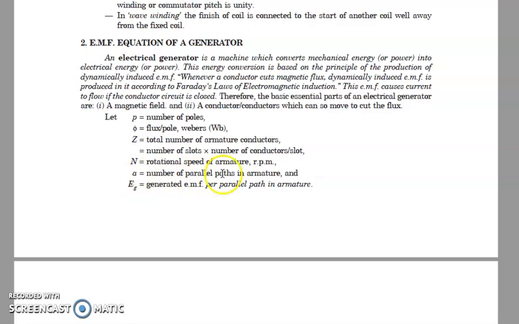A is the number of parallel paths in the armature, and Eg finally is the generated EMF per parallel path in the armature. As we are studying DC machines here, the main parts of the DC machine include the armature and the field winding. So all of this includes the armature conductors and parallel paths in the armature and so on.